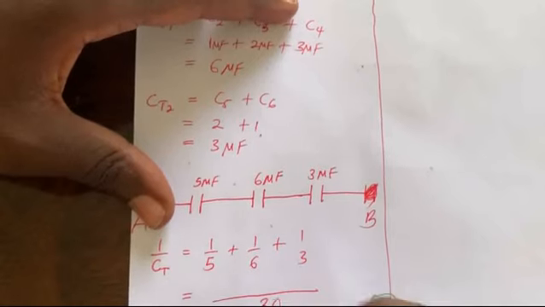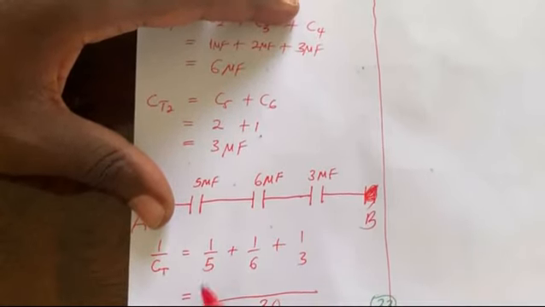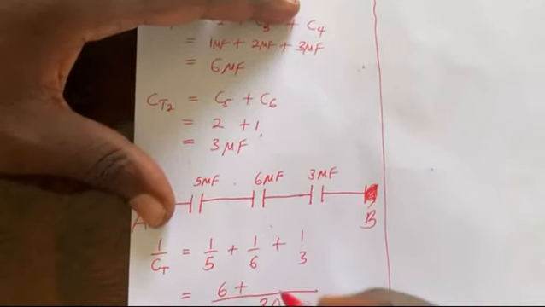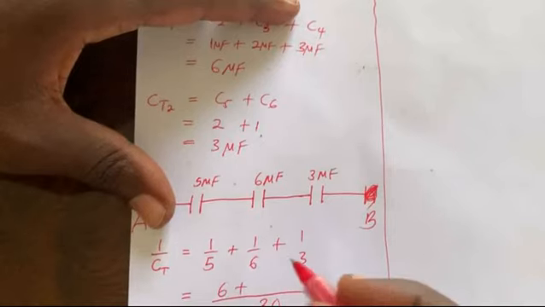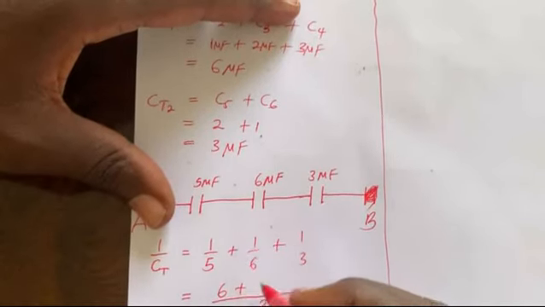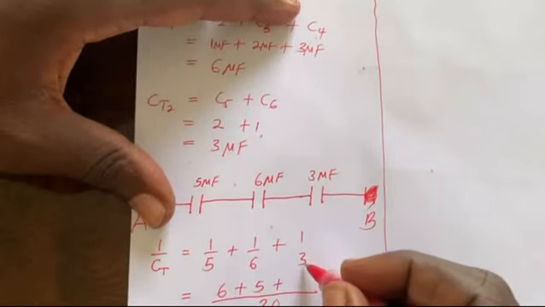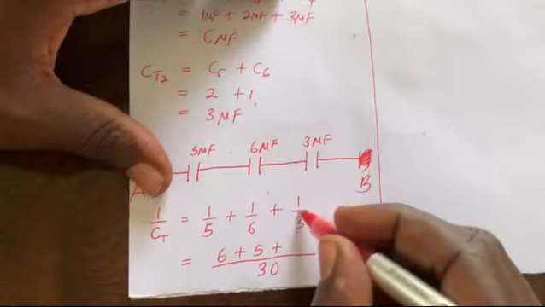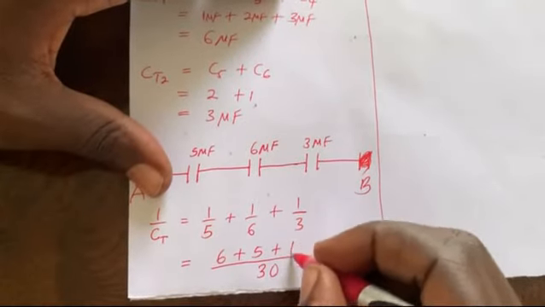So you say 30. 30 divided by 5 will be 6, and 6 times 1 is 6, plus 30 divided by 6 is 5, and 5 times 1 is 5, plus 30 divided by 3 is 10. 10 times 1 is 10.